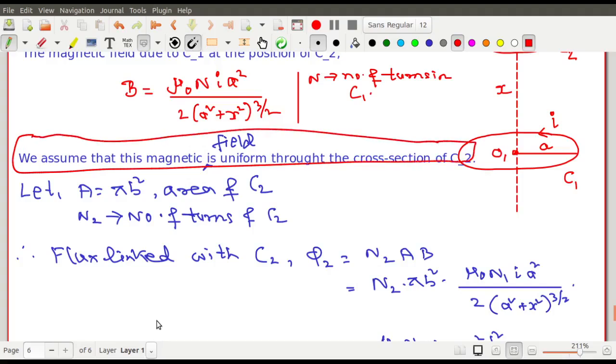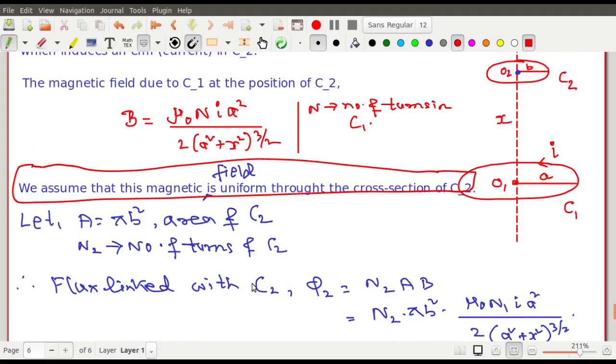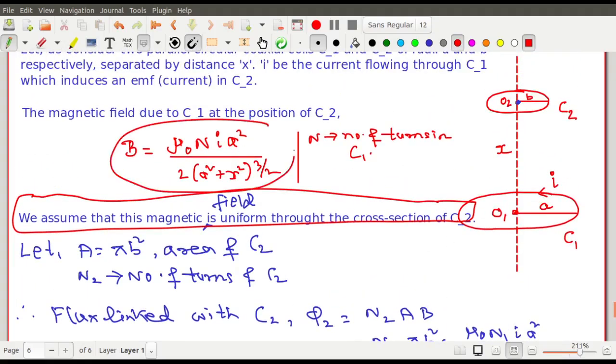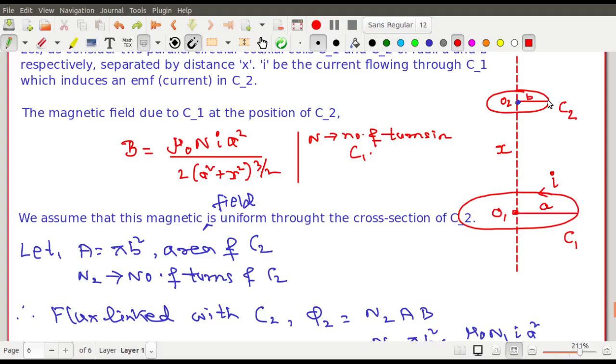Now this is not absolutely true. আমরা ধরে নিয়েছি, so actually this magnetic field is where? This magnetic field is at only this particular blue point, but I have taken to be same over the entire cross section. Now this is not absolutely true. So as we are not using the true expression of the magnetic field, so that is why we are not getting that true result that M12 equals to M21.